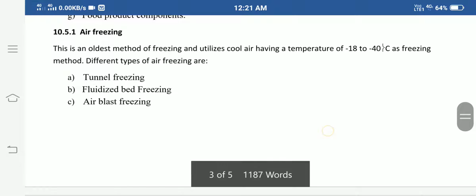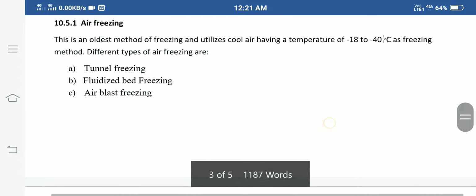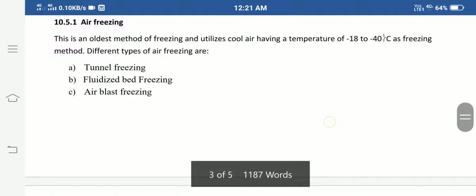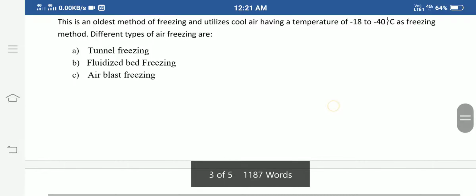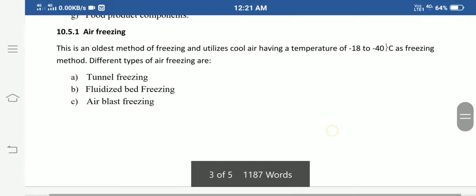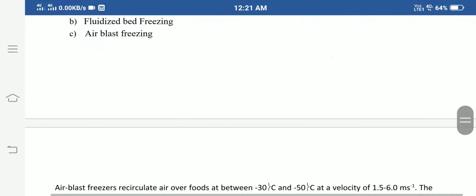Air freezing is the oldest method of freezing and utilizes cool air having a temperature of -18 to -40 degrees centigrade. Air freezing can be done by tunnel freezing, fluidized bed freezing, or air blast freezing.